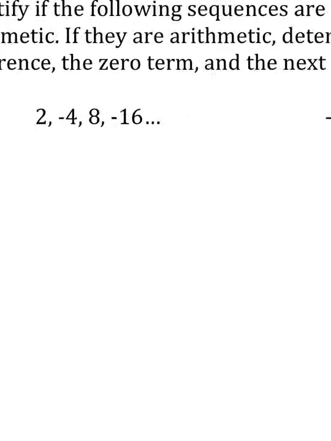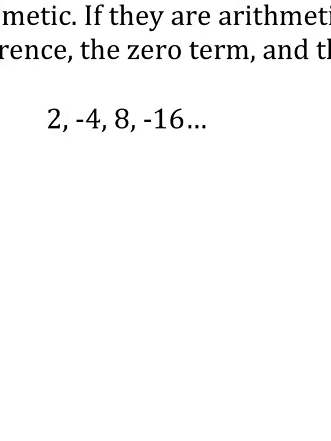Okay, so finally, we're going to identify if the following sequences are arithmetic or not arithmetic. And if they are arithmetic, we're going to determine the common difference, the zero term, and the next three terms. Let's look at this first one. From 2 to negative 4, that's like subtracting 6.